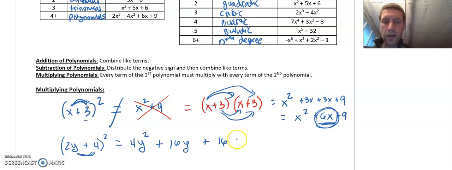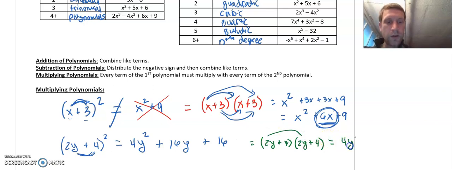Let's actually check it. Okay, so I'll do this in a different color. So 2y plus 4 times itself. You can see I have the 2y times itself, so that's where I get the 2y quantity squared. Then I have 2y times 4.